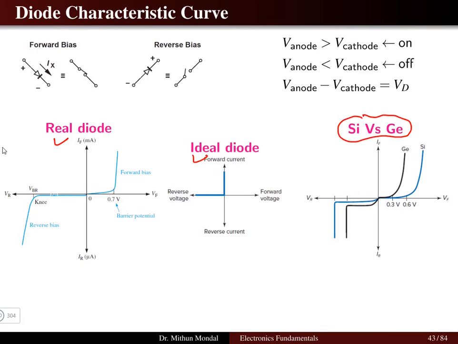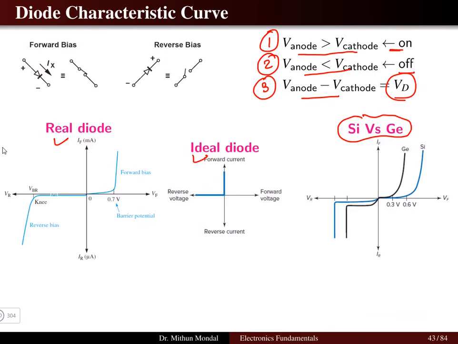The diode will be on only when the anode voltage is more than the cathode voltage. If the anode voltage is less than the cathode voltage, the diode will be off. And in the third case, when the anode voltage and cathode voltage are equal, the diode acts in the saturation state.